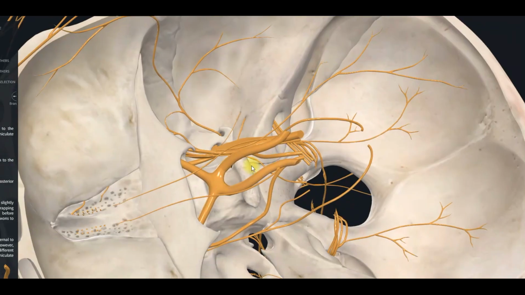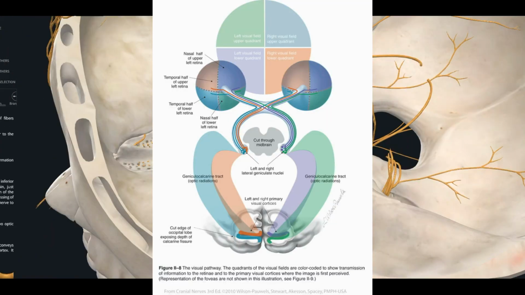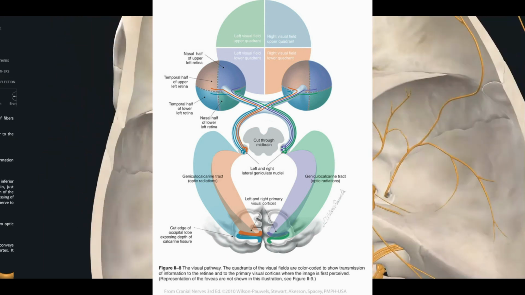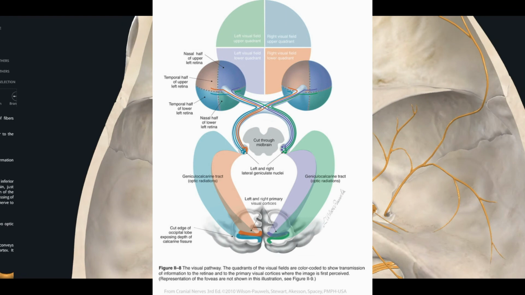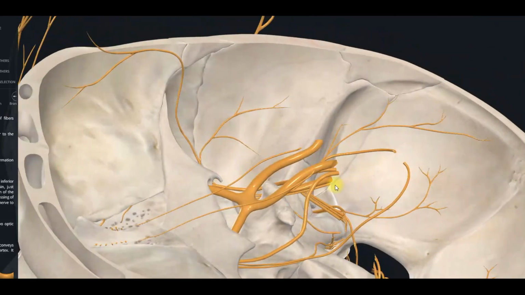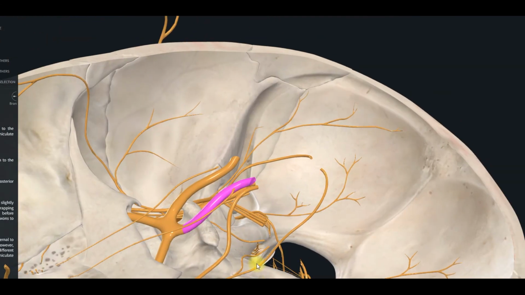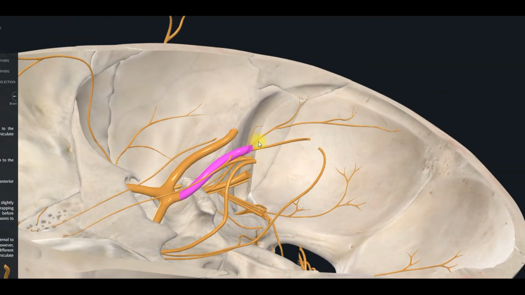The specific feature of this chiasm is that the medial visual fibers from the nasal parts of the retina decussate in the chiasm. Also, the optic tract transmits information to the midbrain and the thalamus.